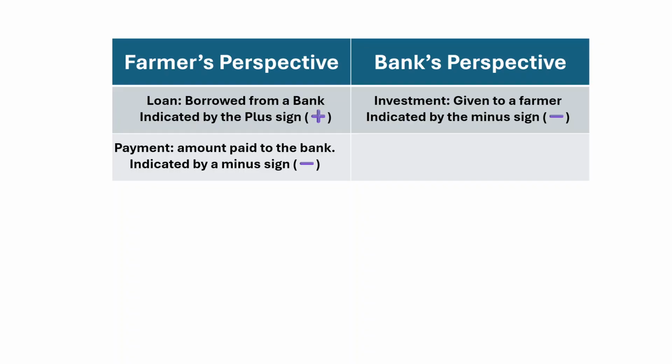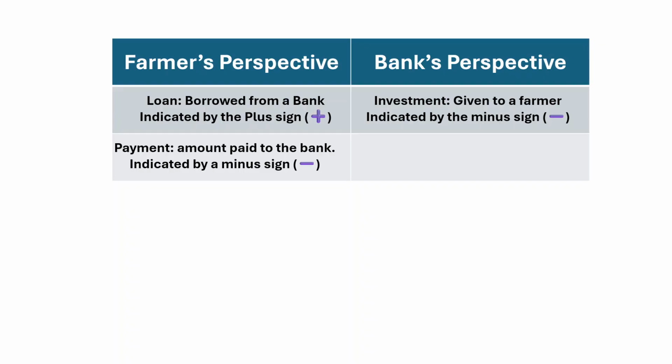And the payment: if the farmer takes some money from the bank, she must pay the money back to the bank. As this money is going out of the farmer's wealth, it should be indicated by a minus sign.